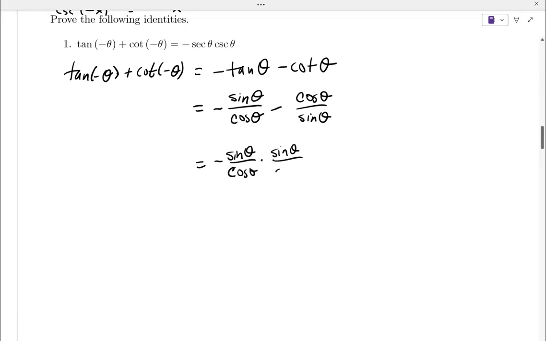And the second one? What should we multiply the second fraction by? Good. Yep, I need to multiply the other one's denominator, right? Better do cosine over cosine.